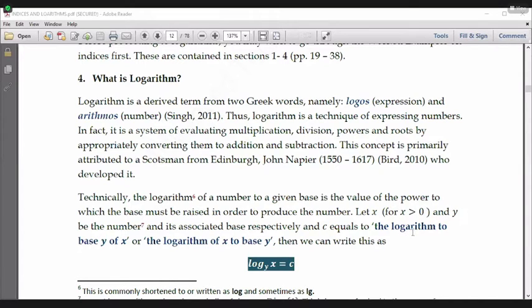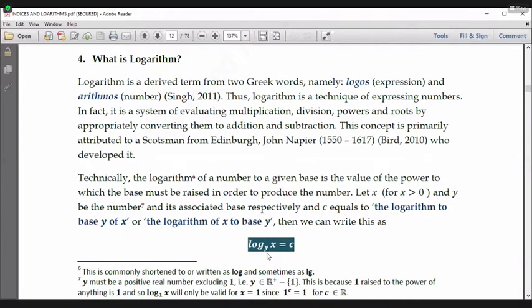Logarithm to base y of x. Or we are saying that if I have a number, we can express it as an index. The index is the logarithm, the base is the base you are using. So I can say log to base y of x is c, which in index form is the same as writing y to power c equals x.